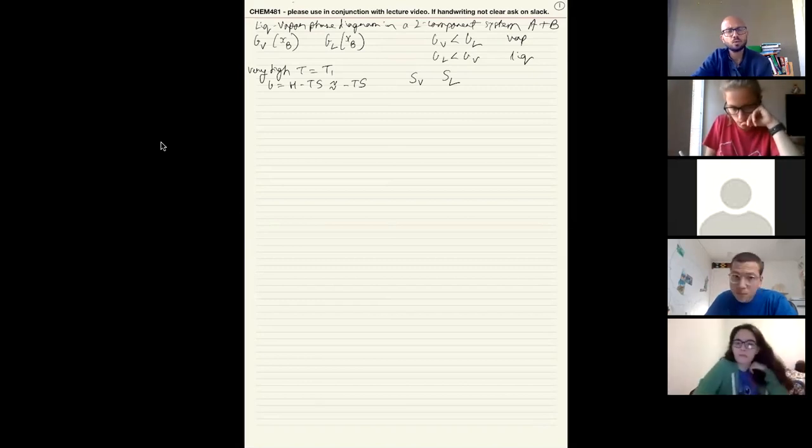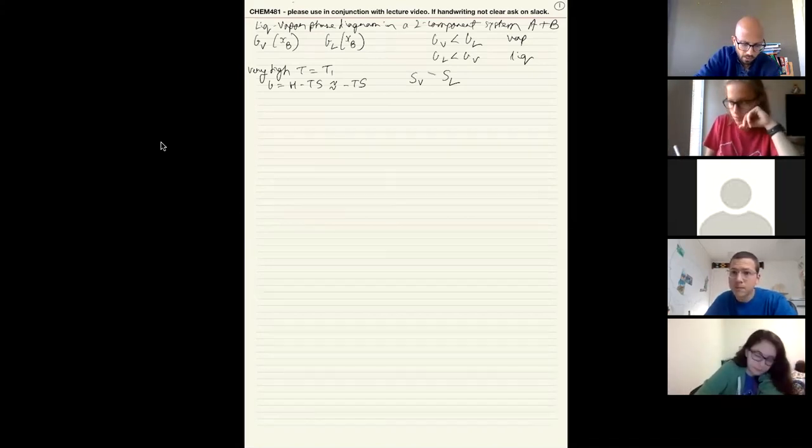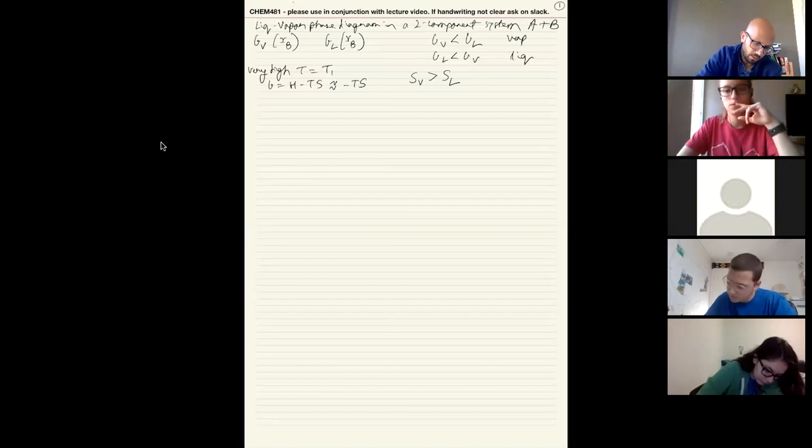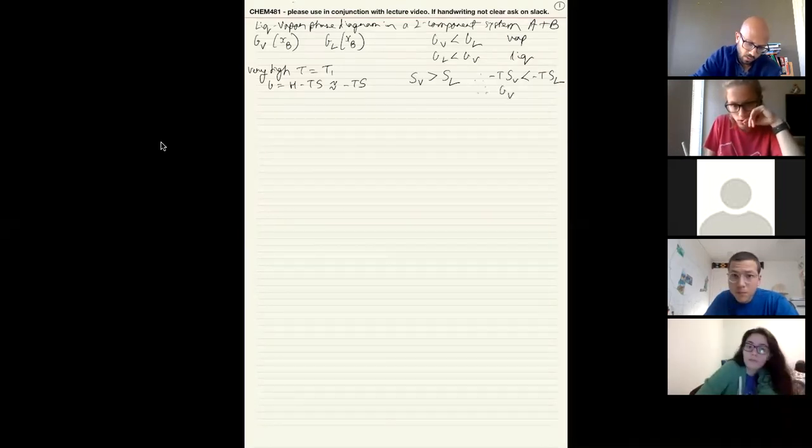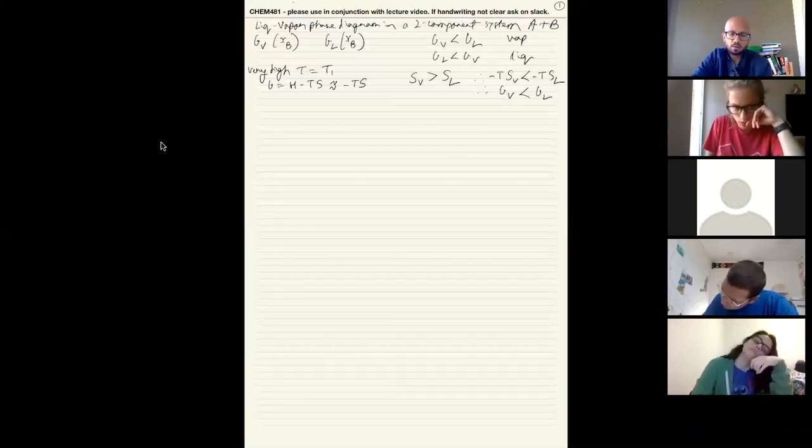It's just so easy to be disordered if you're a vapor as compared to liquid, right? This means that minus T S vapor is going to be less than minus T S liquid, because you're multiplying by a negative number on both sides. Therefore, G vapor is going to be less than G liquid. So this makes sense at a very high temperature.